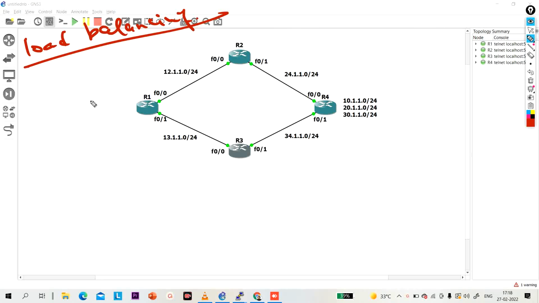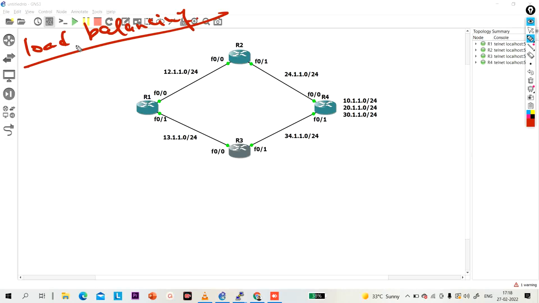If I talk about other routing protocols like OSPF, RIP, IGP, BGP, right? These routing protocols perform only equal cost load balancing, right? OSPF can never perform unequal cost load balancing, but EIGRP can. EIGRP can perform equal as well as unequal cost load balancing.